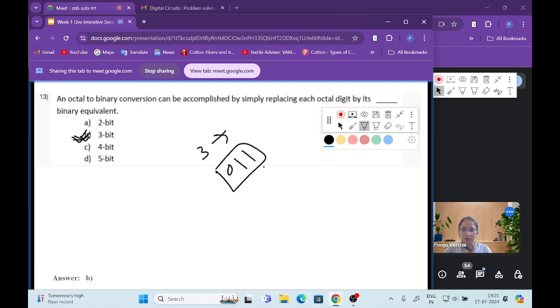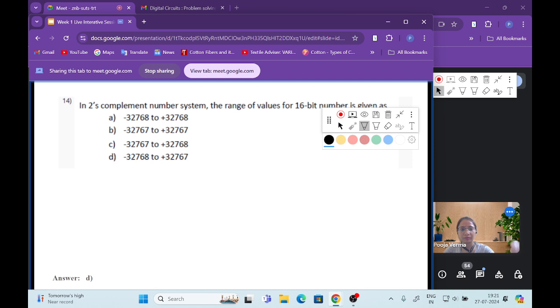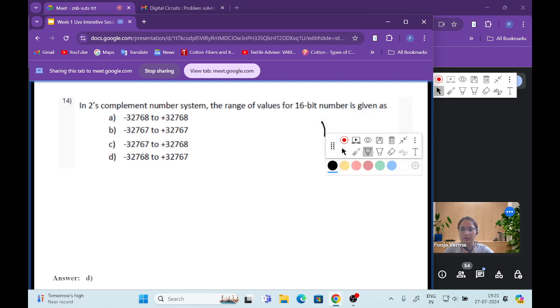Okay. The next question is, in 2's complement number system, the range of values for a 16-bit number is given as what? What is the range of a 2's complement number where the bit count is given as 16?